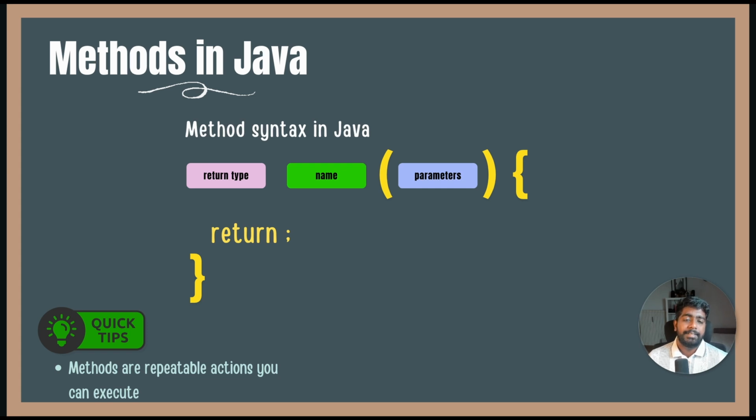And then we start the curly braces. Inside these opening and closing curly braces is what we call the method body. You can write your instructions for your method that has been extracted out to define a common logic. Methods are repeatable actions you can execute multiple times as you wish.